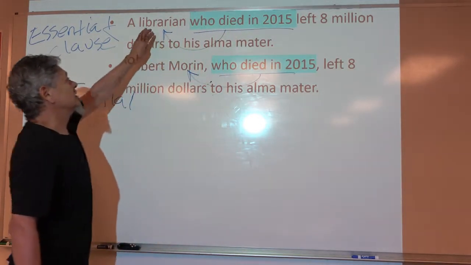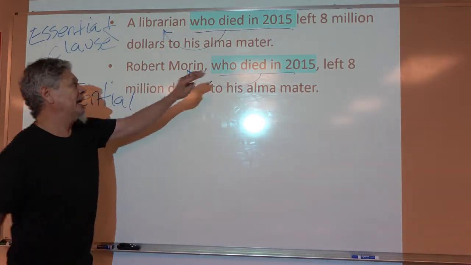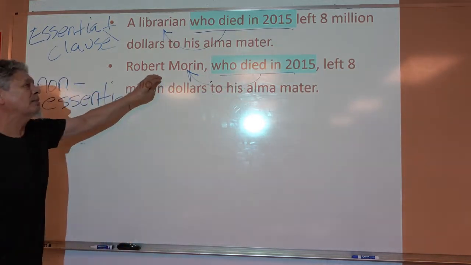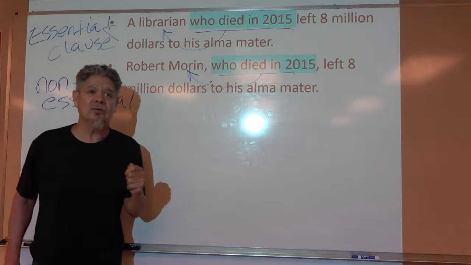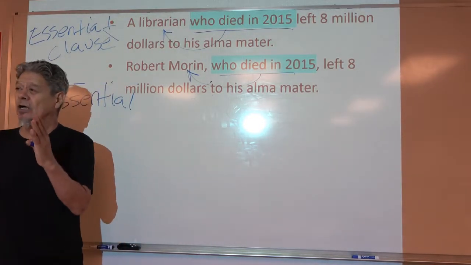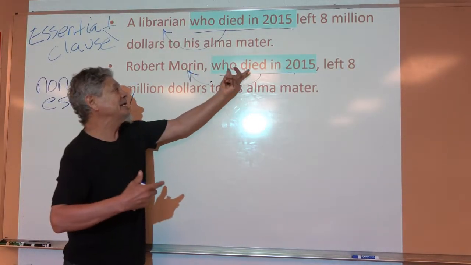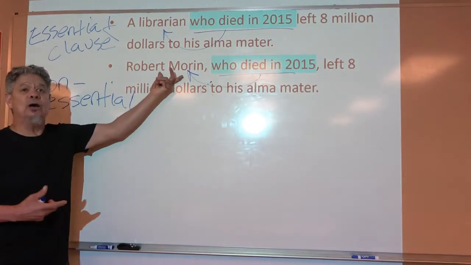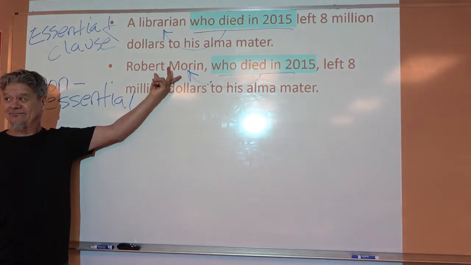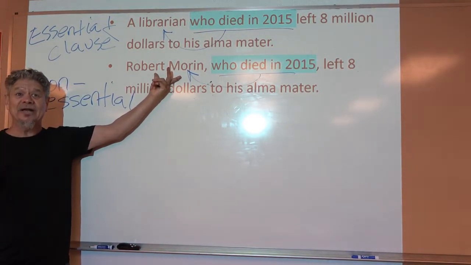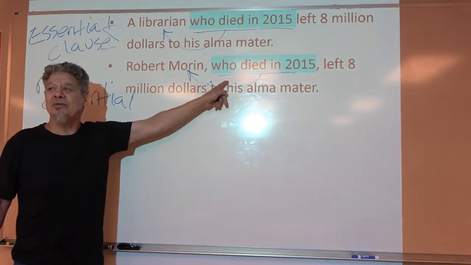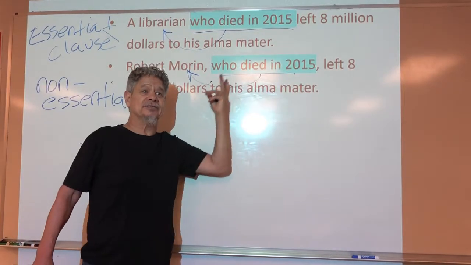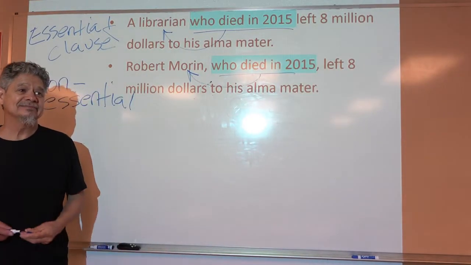This is the librarian. And this person that died is Robert Morin. So when we have a relative pronoun, we're going to have a clause that is providing information about a noun that comes before. They're related. That's what they're called. Relative pronoun, relative clause. Okay?